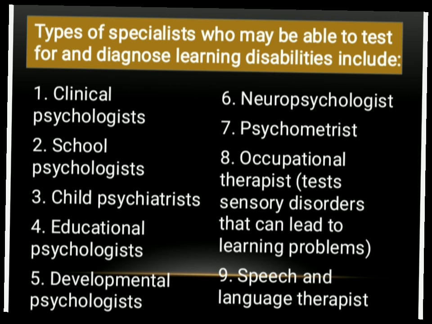Types of specialists who may be able to test for and diagnose learning disabilities include: first, the clinical psychologist, school psychologist, child psychiatrist, educational psychologist, developmental psychologist, neuropsychologist, psychometrist, and occupational therapist to test sensory disorders that can lead to learning problems.